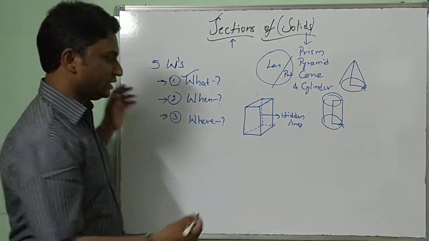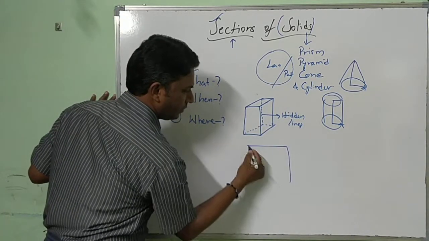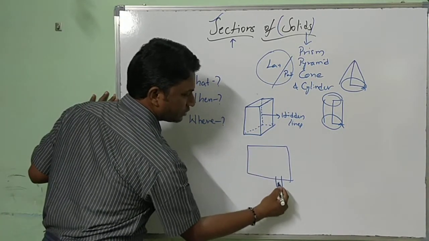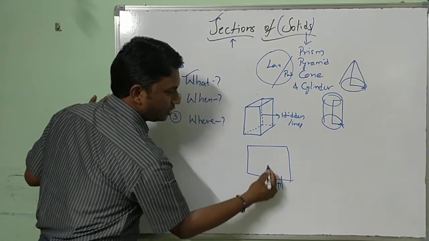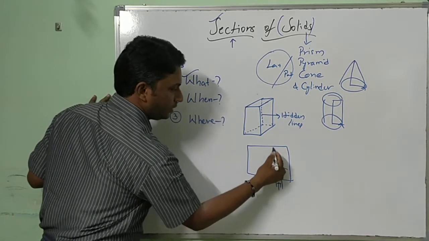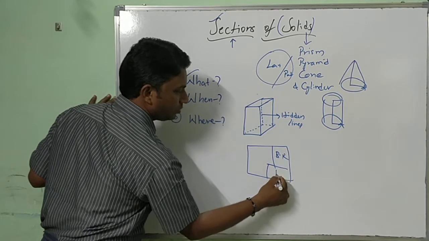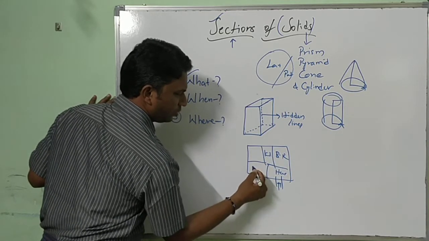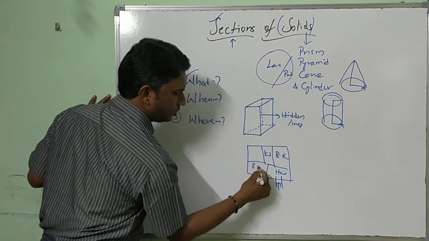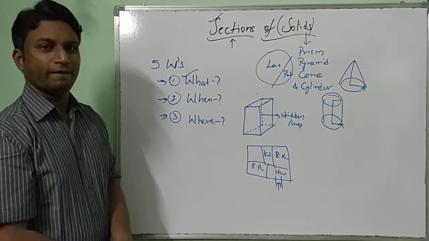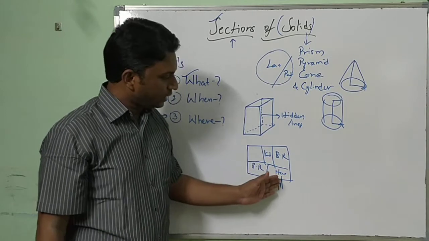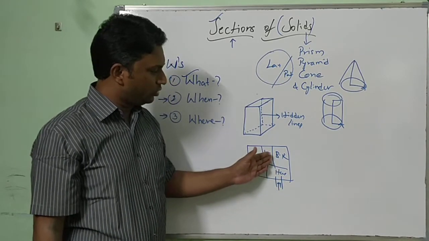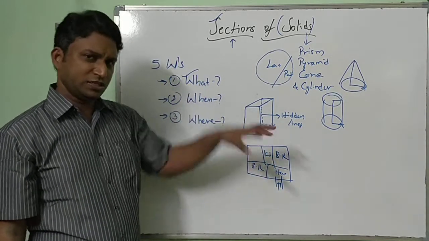For example, civil engineers. I'm just showing a building plan. If it is your house, entrance, you will have a hall, here you will have a bedroom, hall, kitchen, whatever, one more bedroom. When you are entering here, you can see only your hall, bedroom, kitchen, etc. This is the plan.